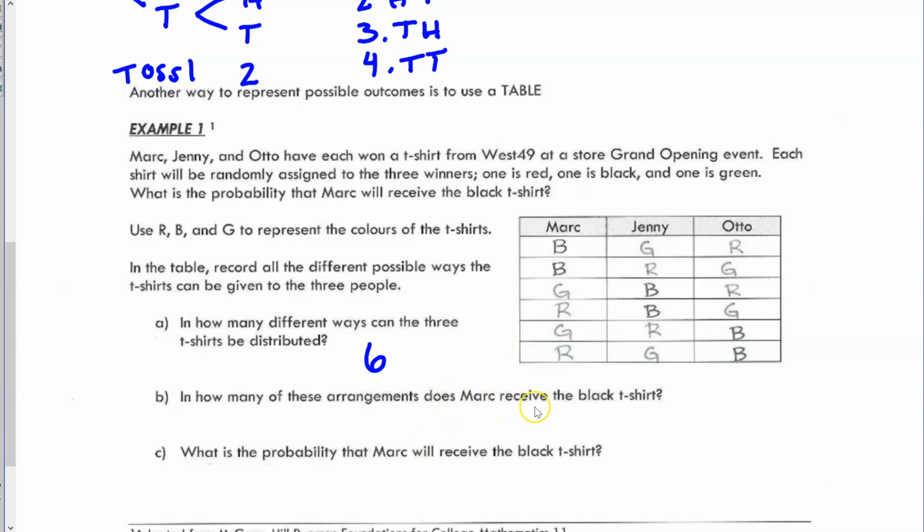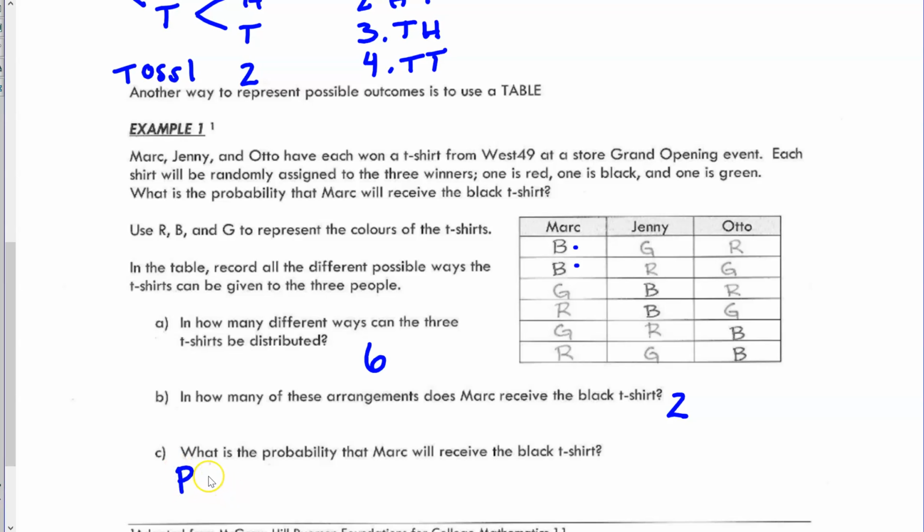And in how many of these arrangements does Mark receive the black t-shirt? 2 of them, right? So there's 1 and 2, and then he doesn't receive the black shirt any other time. So what's the probability that he will receive the shirt?